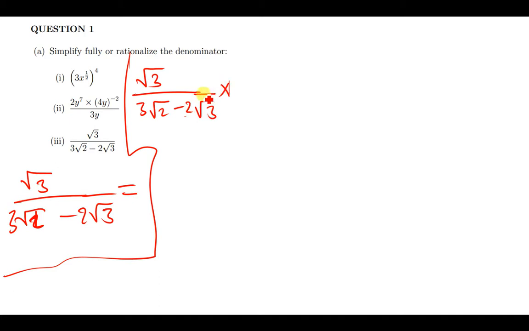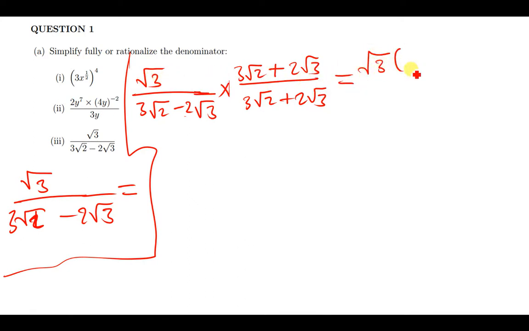I'm multiplying this by the conjugate, which will be 3 root 2, then a plus there, we change the sign, then 2 root 3, and everything divided by 3 root 2 plus 2 root 3. So on top, we'll multiply root 3 times everything there, times 3 root 2, then plus 2 root 3.